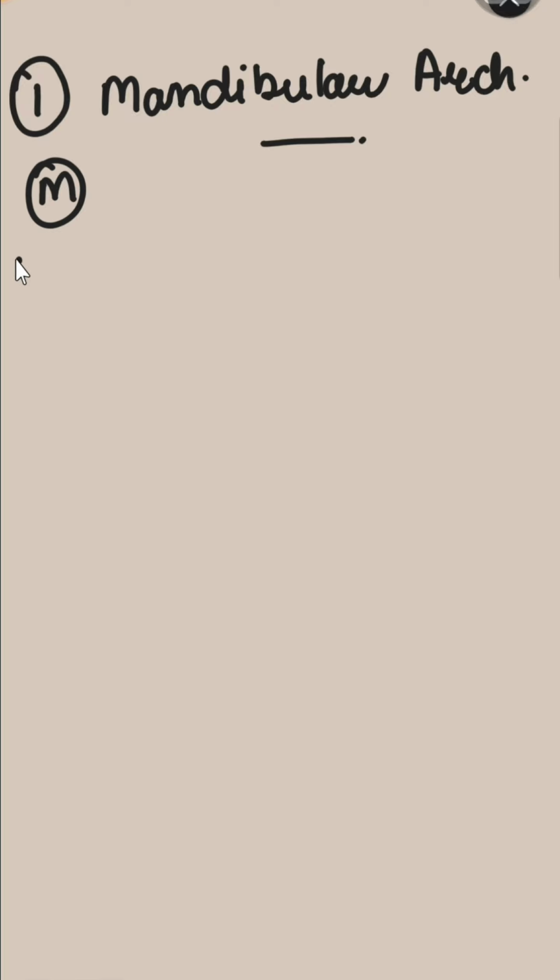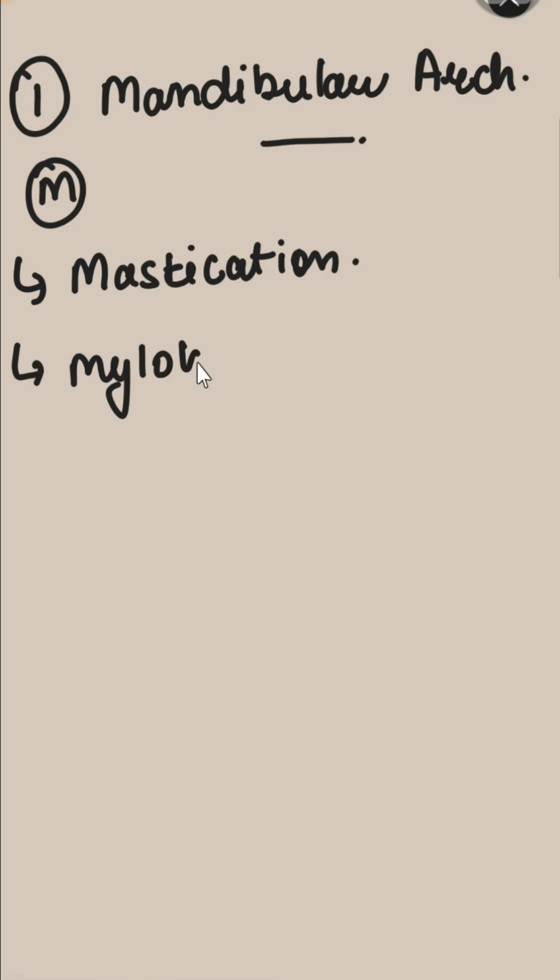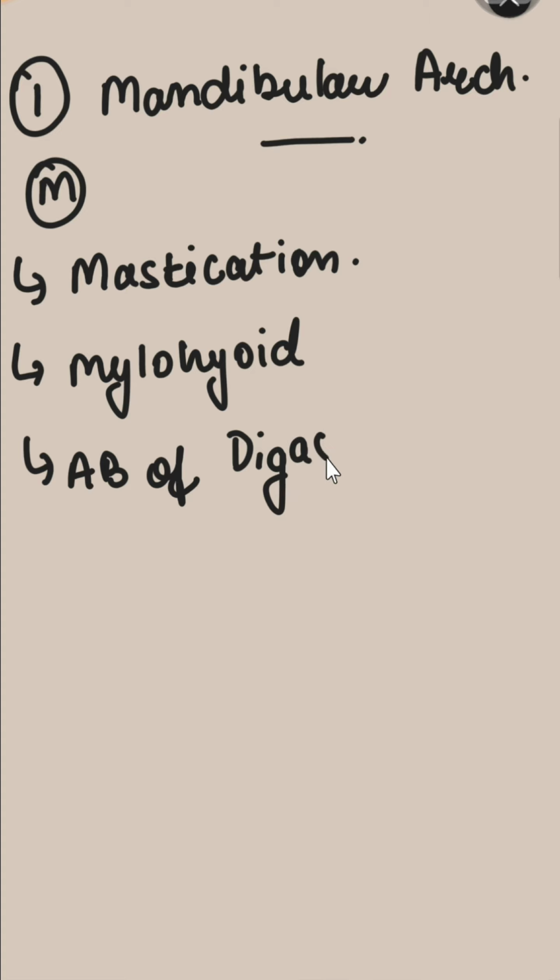The muscular derivatives are the muscles of mastication, mylohyoid, anterior belly of digastric muscle, tensor veli palatini and tensor tympani. These are the muscular derivatives of the mandibular arch.